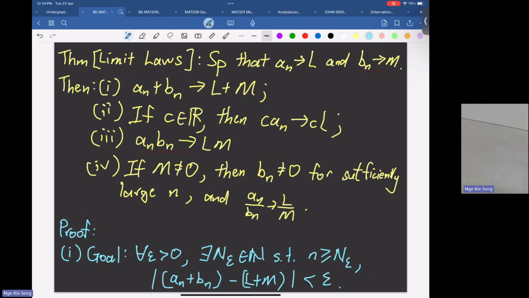You pick an epsilon, and then you need to find this capital N such that for all little n greater than or equal to N_epsilon, this inequality will hold. Think. Repeat what I said.